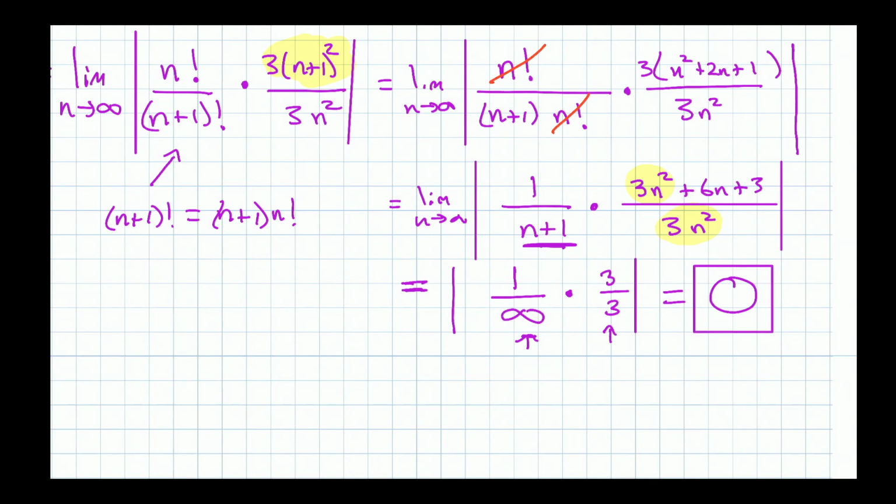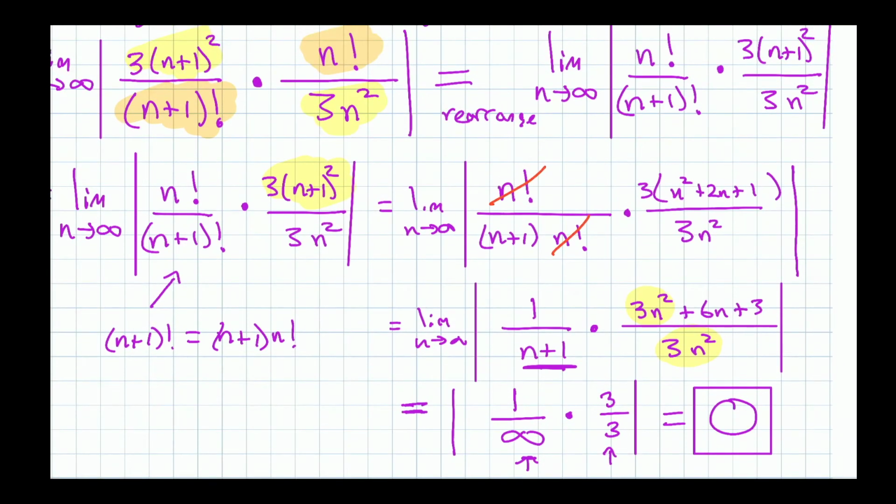Okay, so that's my limit. But what I wanted to make a point of was way back here. Without multiplying out the top, you should be able to look at this and say, okay, well, you're going to have an n times an n to give you this n squared, right?